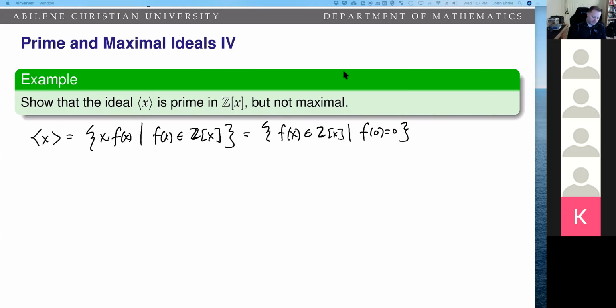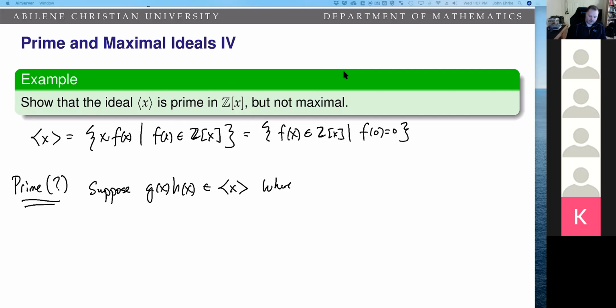So let's talk about prime, right? How would you prove or disprove that this thing is prime? Well, the idea is, suppose that you have two functions that when multiplied end up in this ideal, where g of x and h of x are elements from the ring.